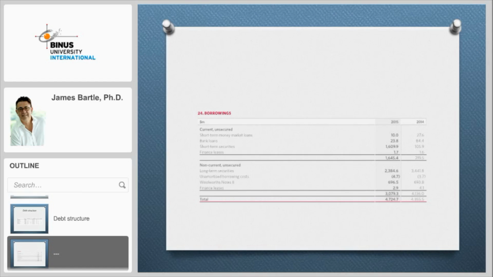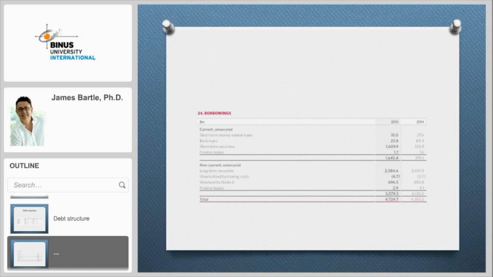So we have two types of debt: current unsecured debt, which equals 1,645,400,000. But the majority of the debt that Woolworths has is long term, 3,079,300,000. So the split is 1.6 billion, 3 billion. It gives us a better idea of how to do the calculation.